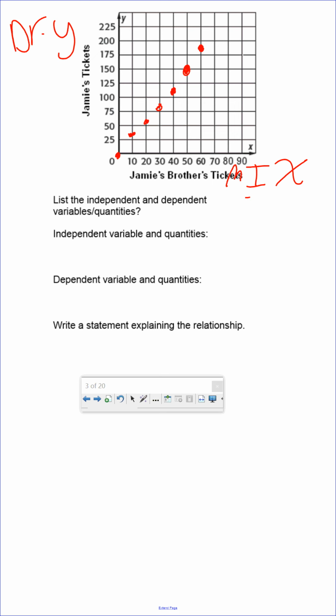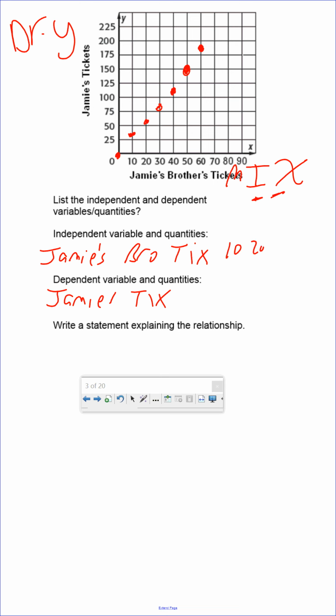So the independent is Jamie's brother's tickets. The dependent would be Jamie's tickets. The numbers for the brother could be 10, 20, 30, 40, 50, 60, 70, while Jamie's tickets would be 30, 60, 90, 120, 150, 180.